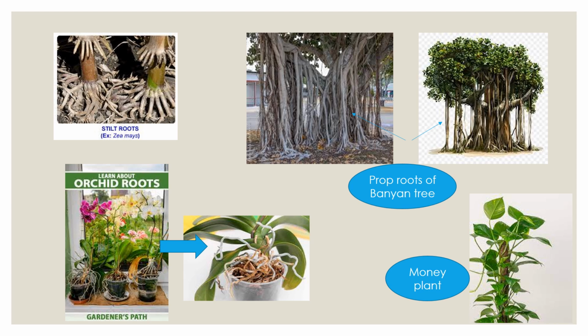As you see, it goes deeply. It connects to the ground. Okay, it's not just hanging in the air. No, it's connected to the ground, so it penetrates the ground to support the plant, as you see in the picture.